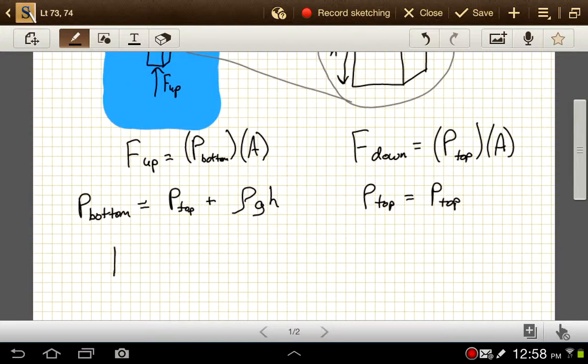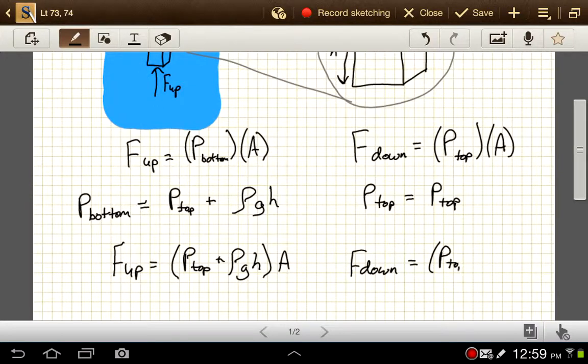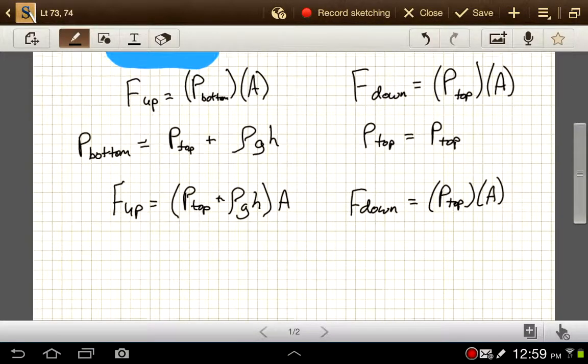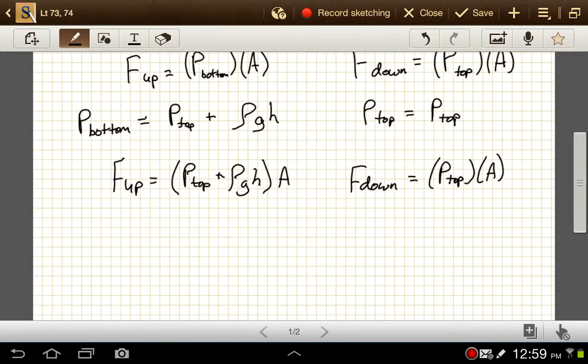So now we can plug these in. We get F up is going to equal, just doing the magnitude here, the pressure at the top plus rho g h times A, and F down is going to equal the pressure at the top times A still. And then if we look at the two forces that don't balance each other here, our net force is going to be the force upward minus the force downward.